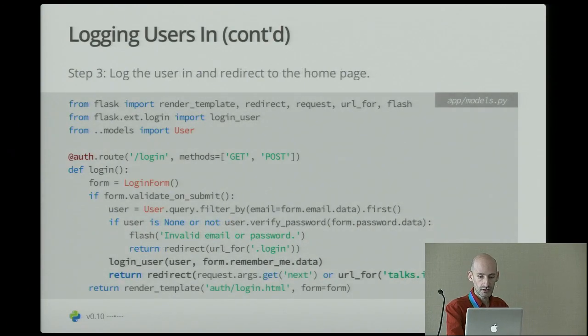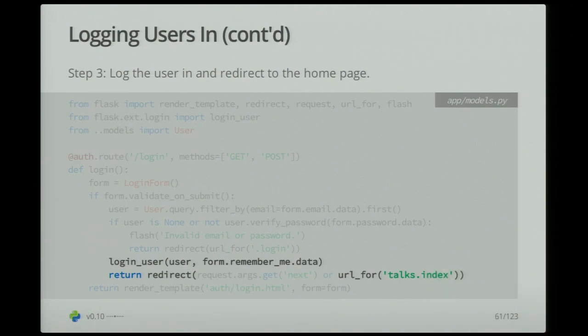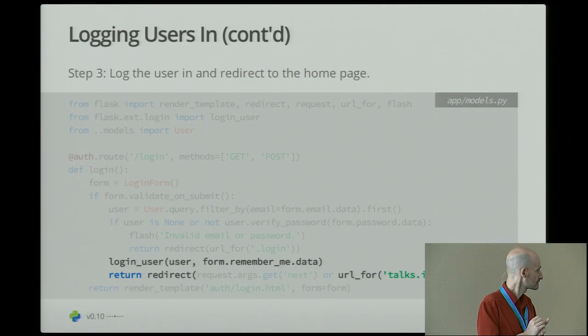Okay, now let's say that both were valid. So I have an email and I have a password. Then I call this function from Flask-Login called login_user. login_user takes the user object and then a boolean for the remember me functionality, which I get from the form as well. That will be a true or a false because it's a checkbox.